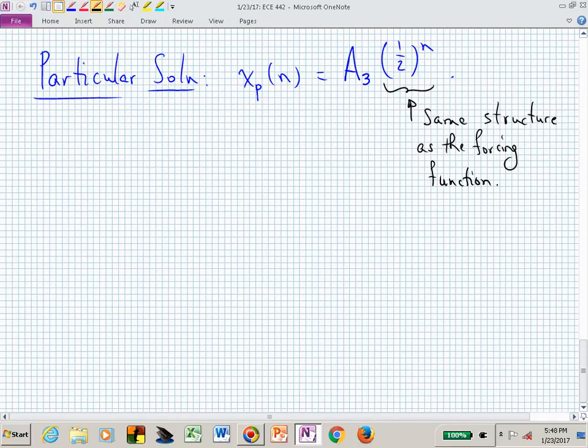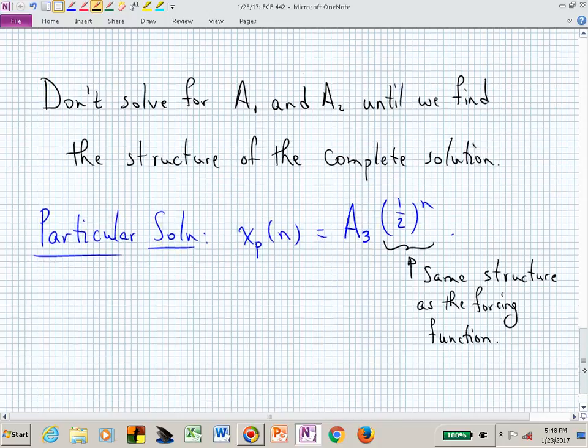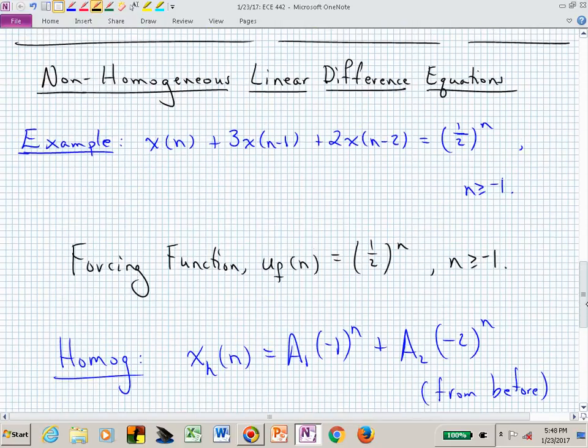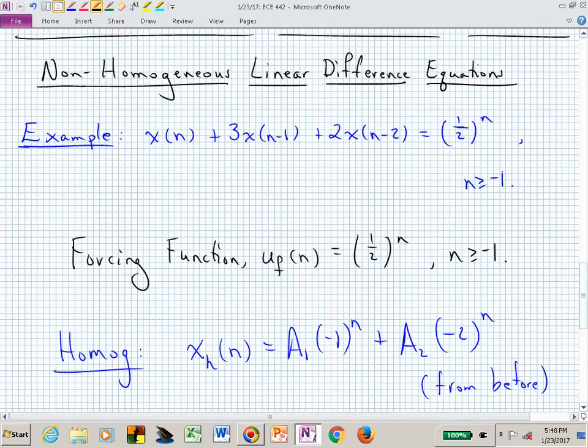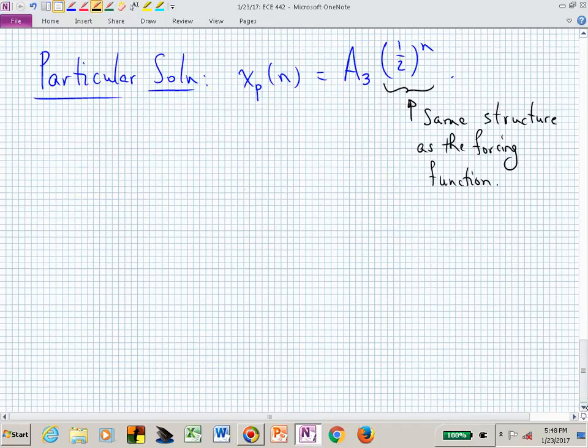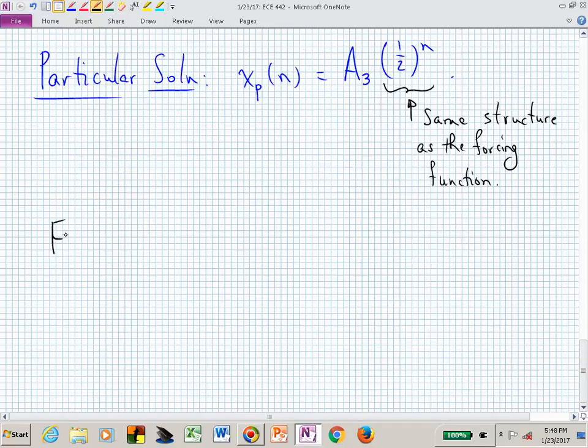Now, what we want to do is actually find that unknown coefficient a sub 3. But this a sub 3 needs to actually satisfy the governing difference equation, which we started with. So we need to find the value of a sub 3 that will satisfy this linear difference equation with the forcing function present. Let's now find a sub 3.